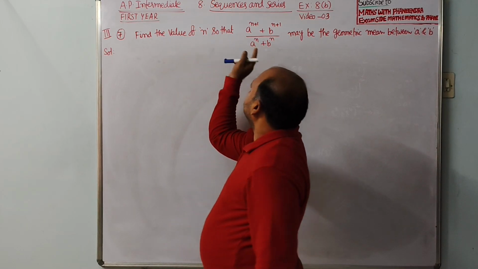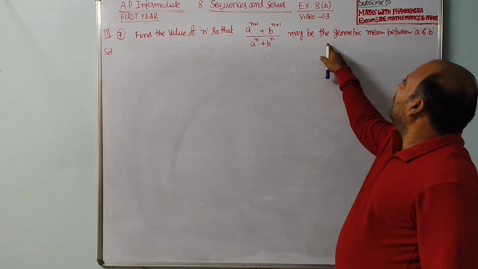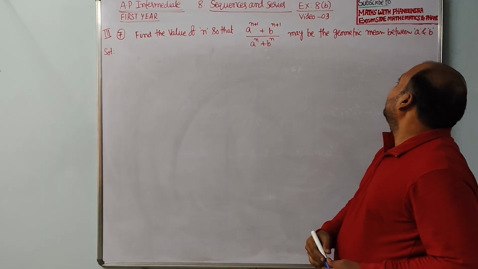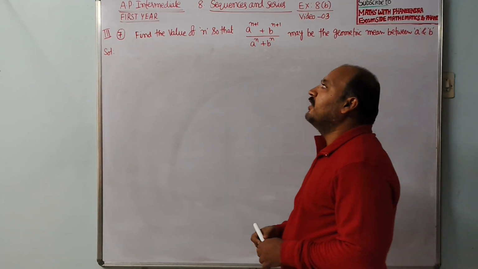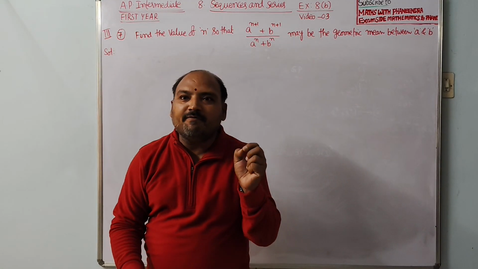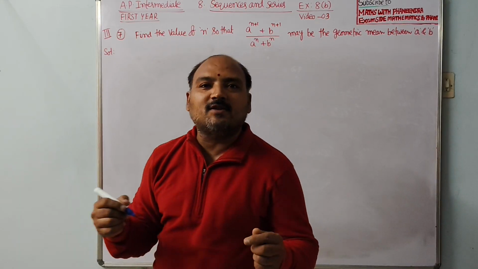Find the value of n so that (A power n plus 1 plus B power n plus 1) divided by (A power n plus B power n) may be the geometric mean between A and B. What is the geometric mean of A and B? Root AB is called the geometric mean.